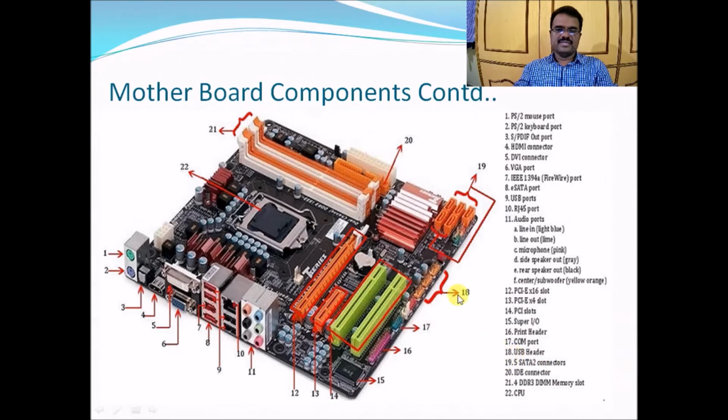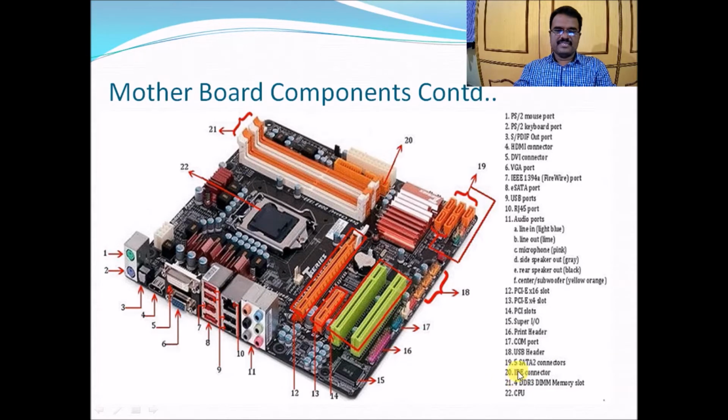Number 18 is the USB header, where a USB cable can be connected, and it can be used for outside USB ports so USB devices can be connected. Then there are SATA connectors, five in number. These are used to connect SATA-enabled devices like hard disk, CD-ROM drive, etc.